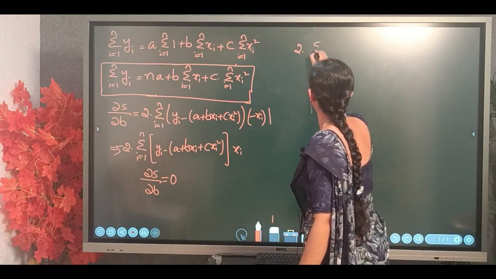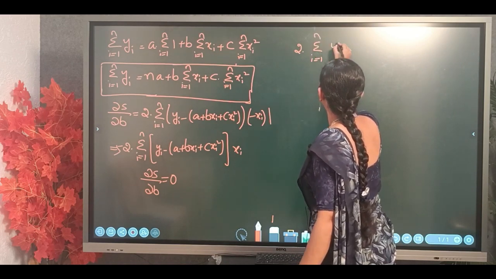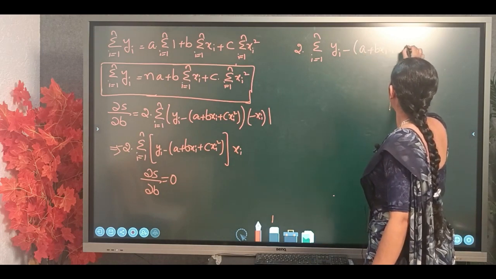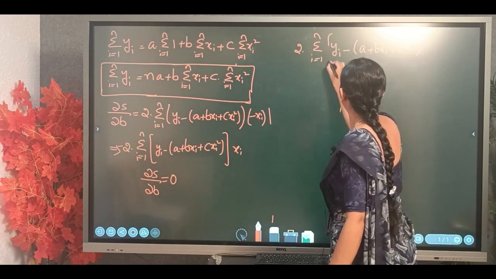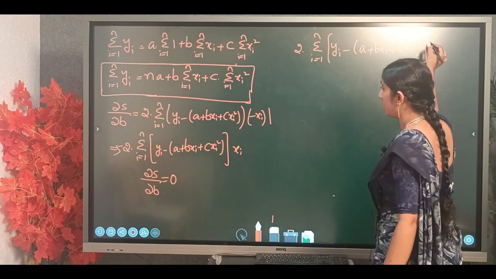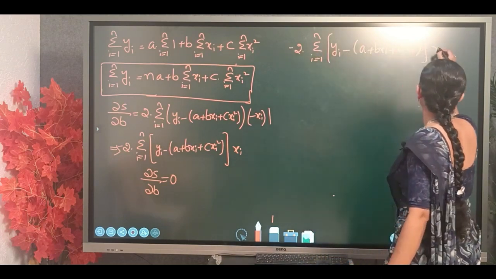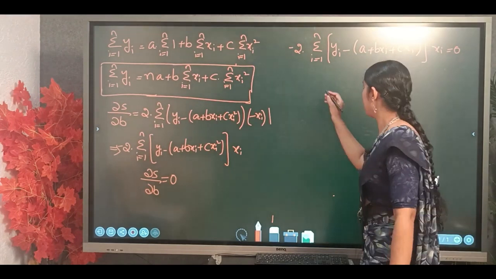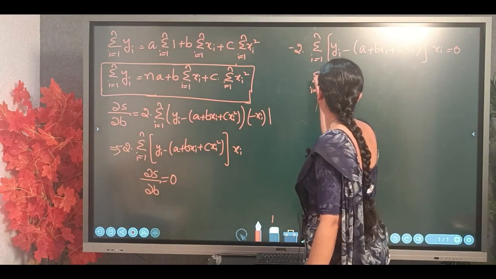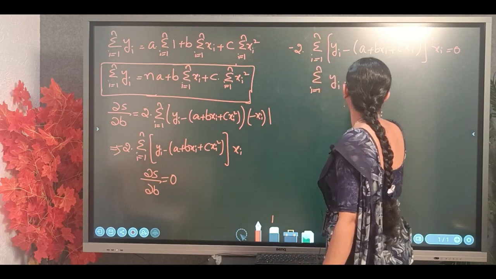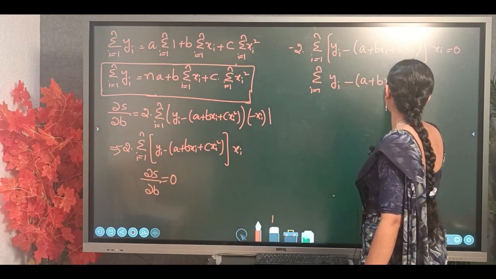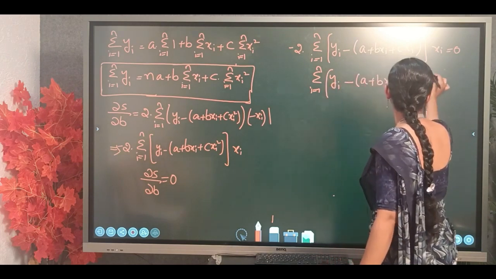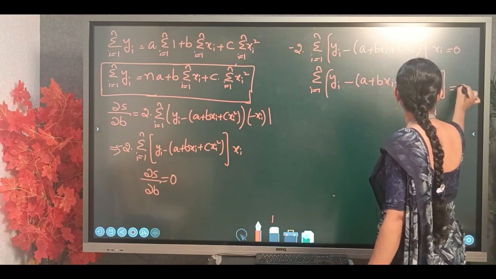Two into summation i equal to 1 to n of yi minus a plus bxi plus cxi square into, there is a some term, what is this? Xi is equal to 0. When this minus 2 goes to that side, it will become 0. So summation i equal to 1 to n of yi minus a plus bxi plus cxi square into xi is equal to 0.